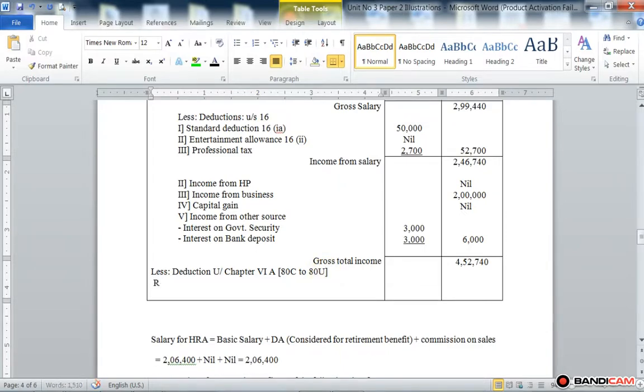First, RPF 22,800. Then next, term deposit 60,000.